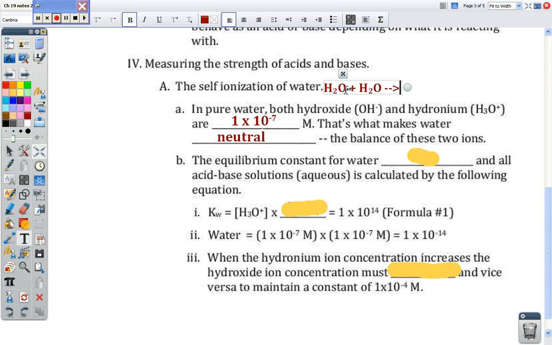When one of these hydrogens gets ripped off of this one, it's going to leave behind an OH minus, and then the hydrogen goes to the other water molecule, making it an H3O plus.